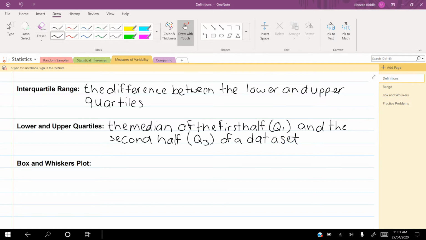So finally, all of this information can help us create a box and whiskers plot. A box and whiskers plot is a plot that shows the ranges, quartiles, and medians of a data set.